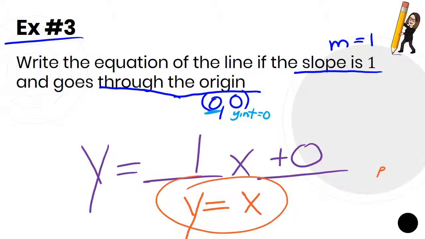We call this the parent function because from there, all other functions are created for a linear function. Right? So you can leave the 1x. Please drop the plus 0 though. Ideally, you would write it as y equals x.